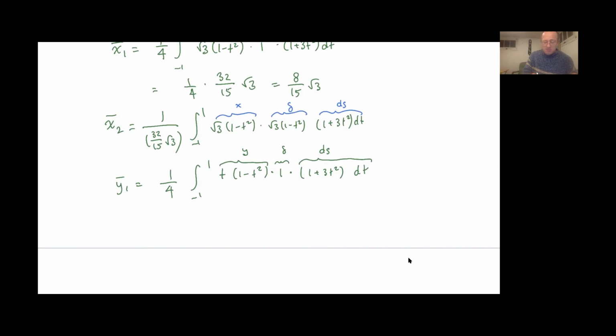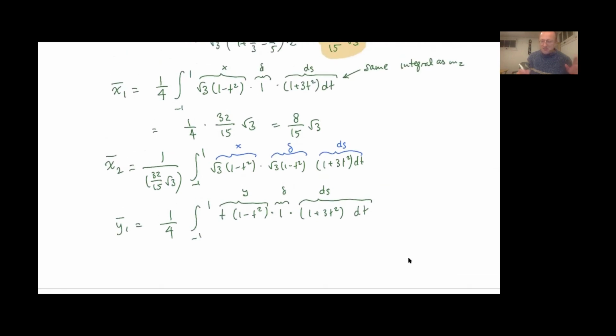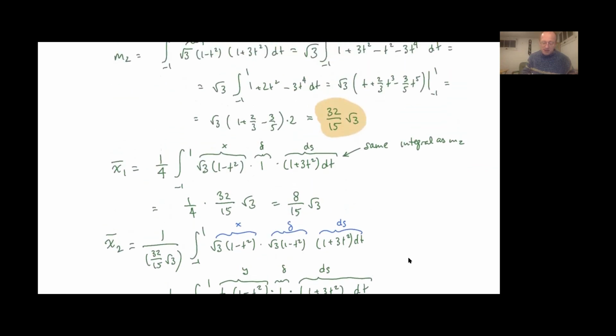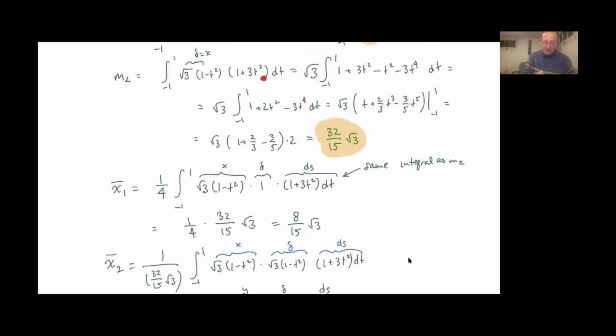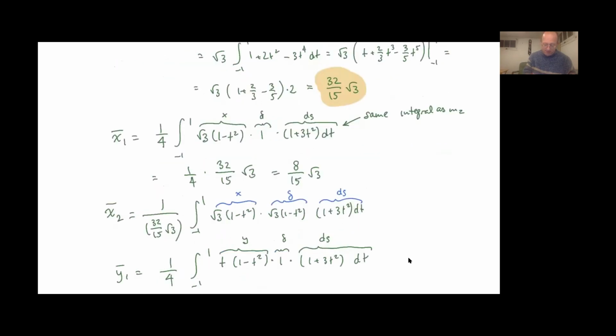This one we can do by hand, just to help see what's happening. We already went through the experience of multiplying out 1 minus t squared times 1 plus 3t squared. That multiplication was carried out here, and we got 1 plus 2t squared minus 3t to the fourth.